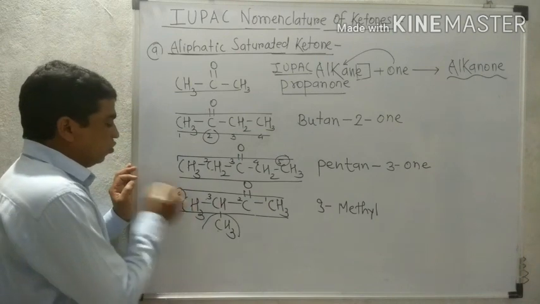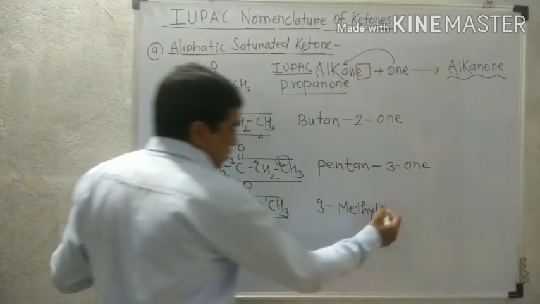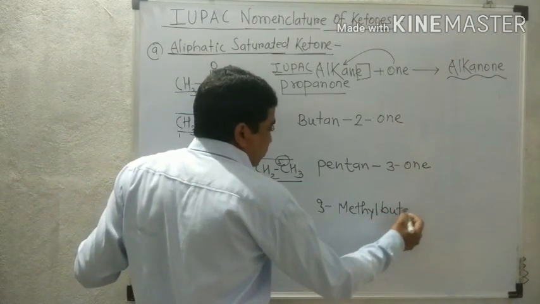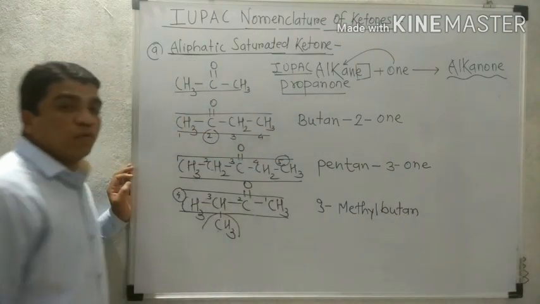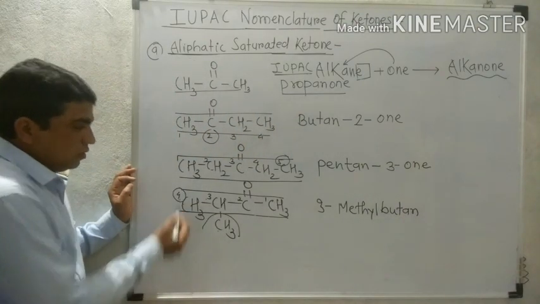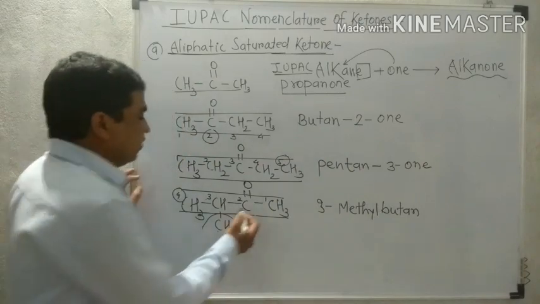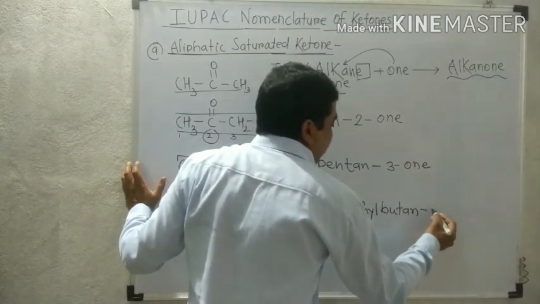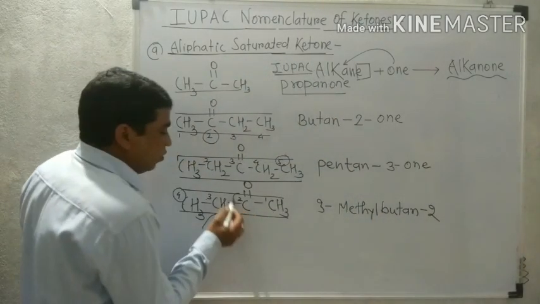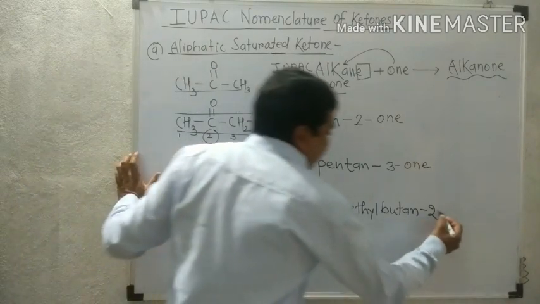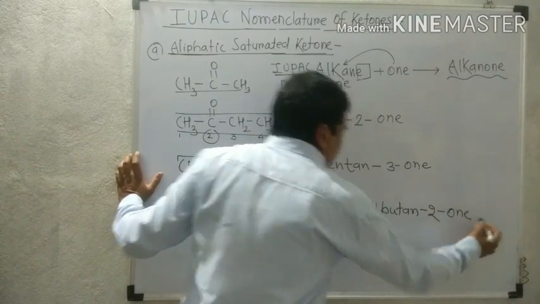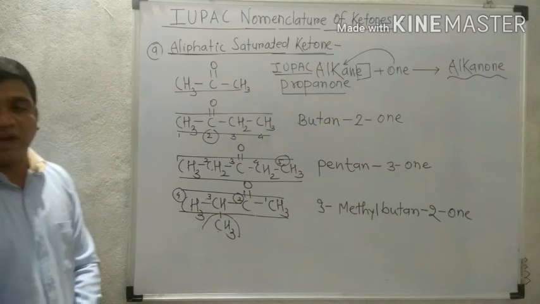Then how many total carbons are in the chain? 4. Therefore, the corresponding alkane is butane. Then write the position of the C double bond O. It is located at the second carbon, and for C double bond O, ONE: 3-methylbutan-2-one.